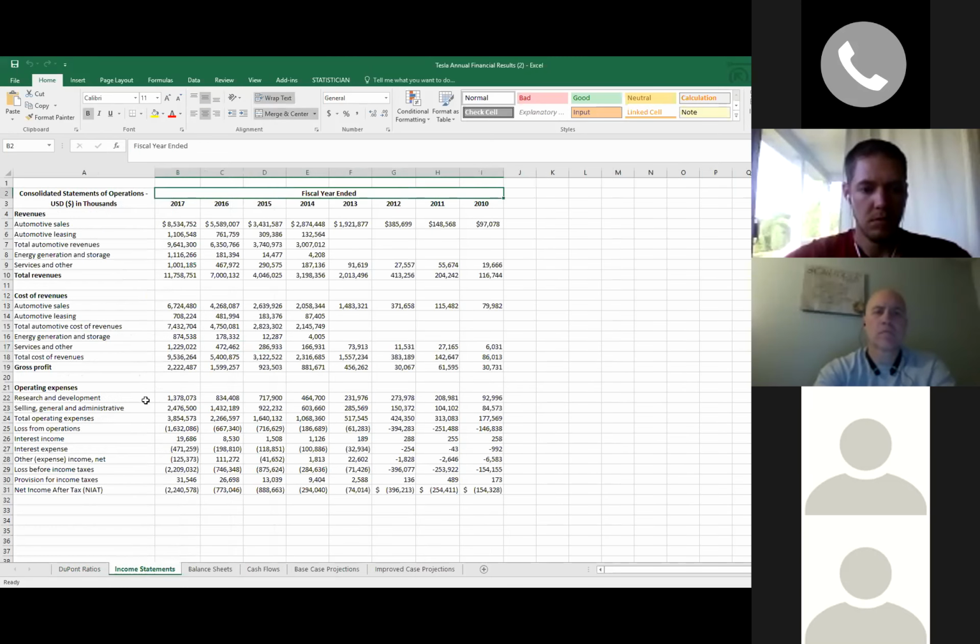Yeah. What you'll see if you look at the income statement, Tesla breaks out their revenue from the automotive side in terms of both revenue from sales and from leasing. I'm not sure of the details at this point about how they are capturing those lease numbers.